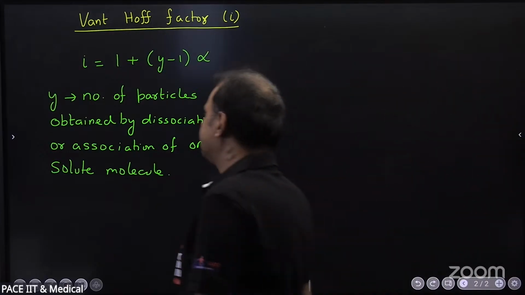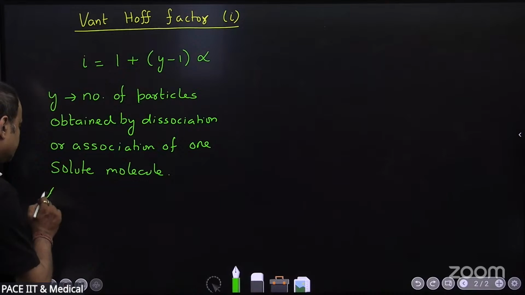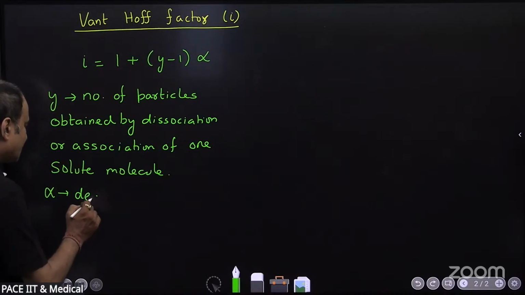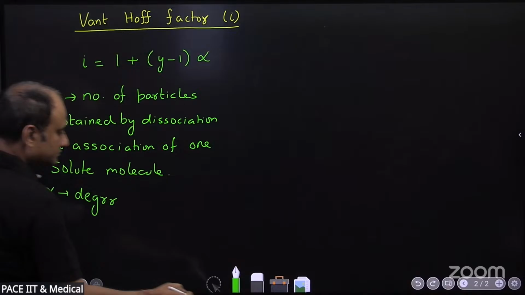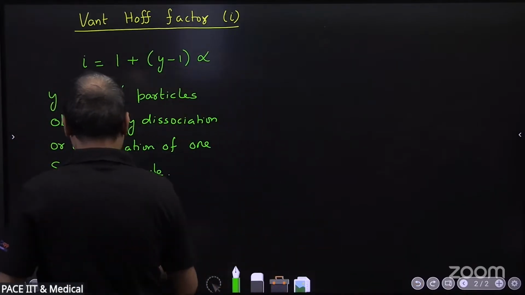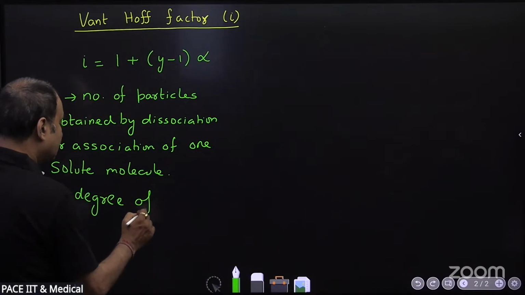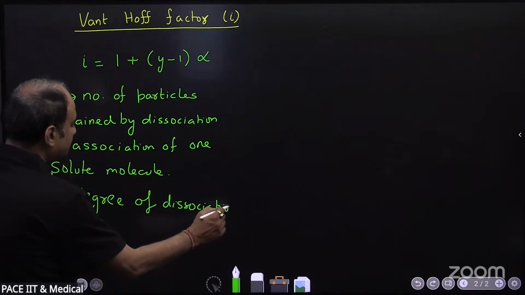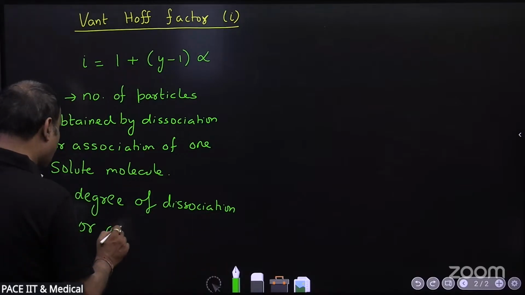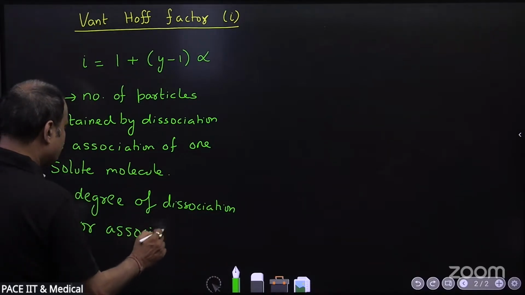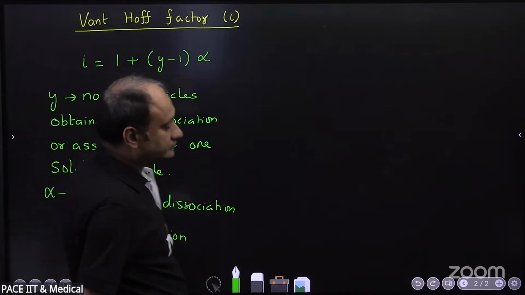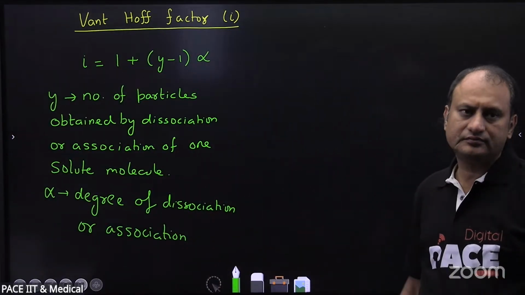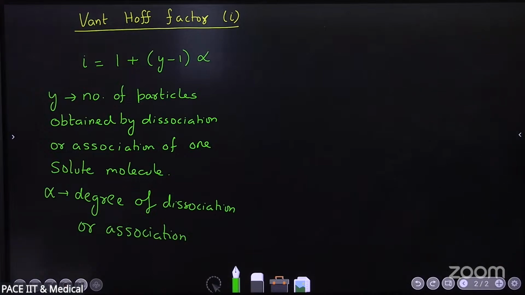And alpha is the degree of dissociation or association. Okay. So this is alpha. And overall, we can calculate i by 1 plus (y minus 1) into alpha.